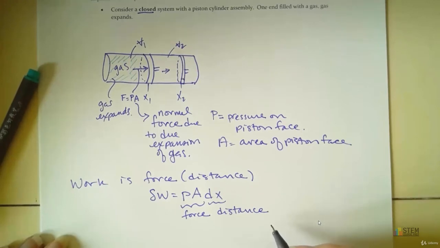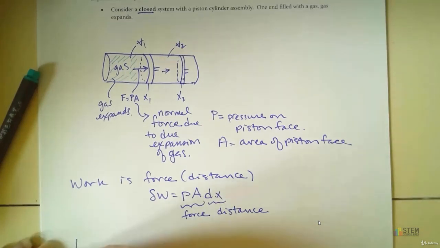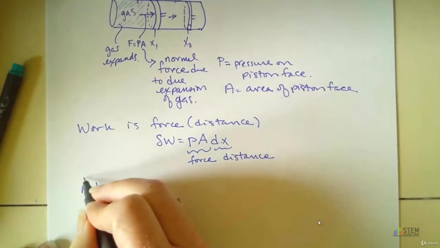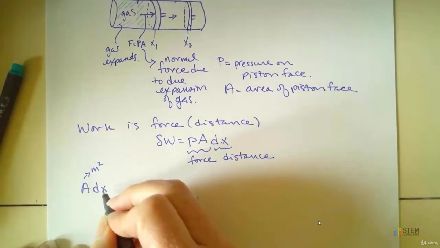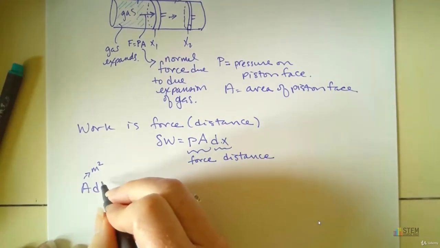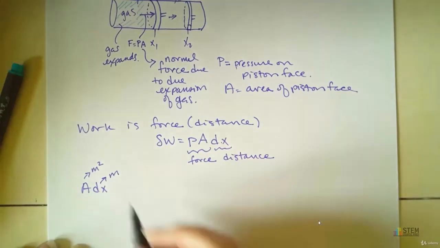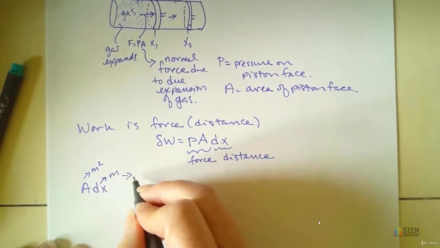Now if you look at this equation, we've got an area times dx. So let's look at that product. If we just think about the units, area units will be meters squared if we're in the SI system. dx, remember x is a distance, this is just a change in distance. So units for that would be meters. Now if you put those together and you multiply them, what do you get?